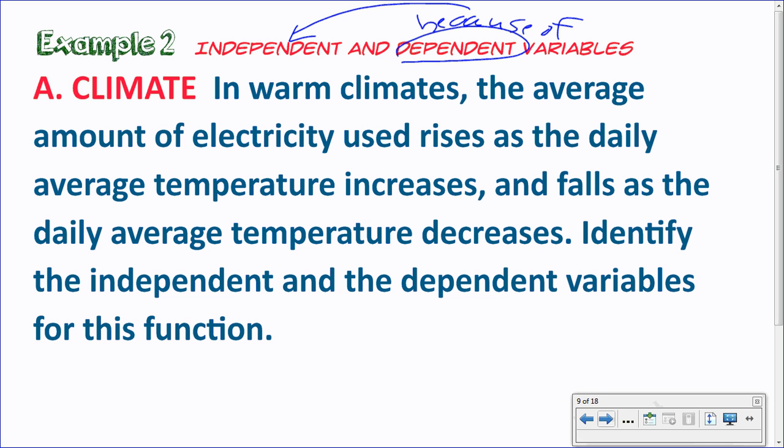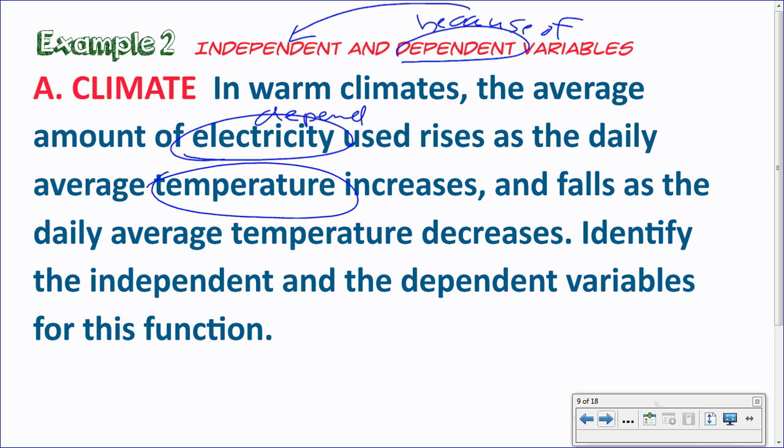You guys with me? In warm climates, the average amount of electricity used rises as the daily average temperature increases and falls as the daily average temperature decreases. Okay. What's the independent? What's the dependent? Very good. So my electricity is dependent on what?